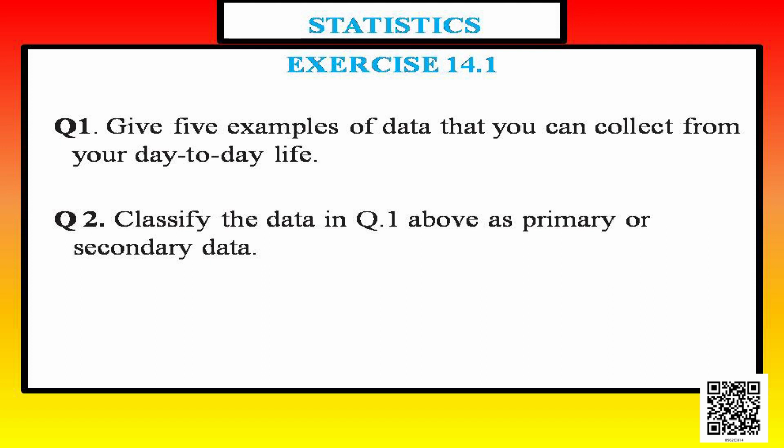So this way you will have to find out 5 examples of data that you can collect from your neighborhood or from your schools. Now the second question says to classify the data in question number 1 above as primary or secondary data. This also I have already explained to you, which ones are called primary and which ones are called secondary data.